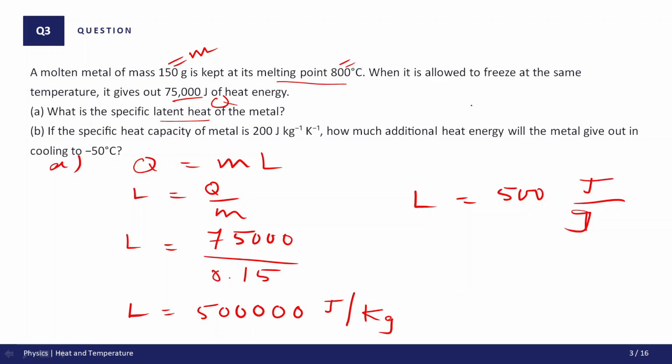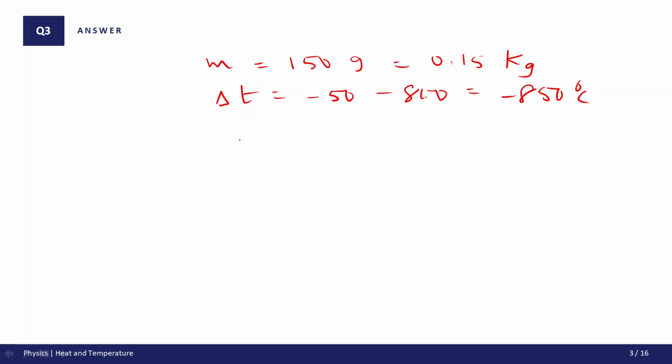C value is given 200. C equal to 200 joule by kg Kelvin. We know the formula here, Q equal to mc delta T. What is the mass? 0.15.